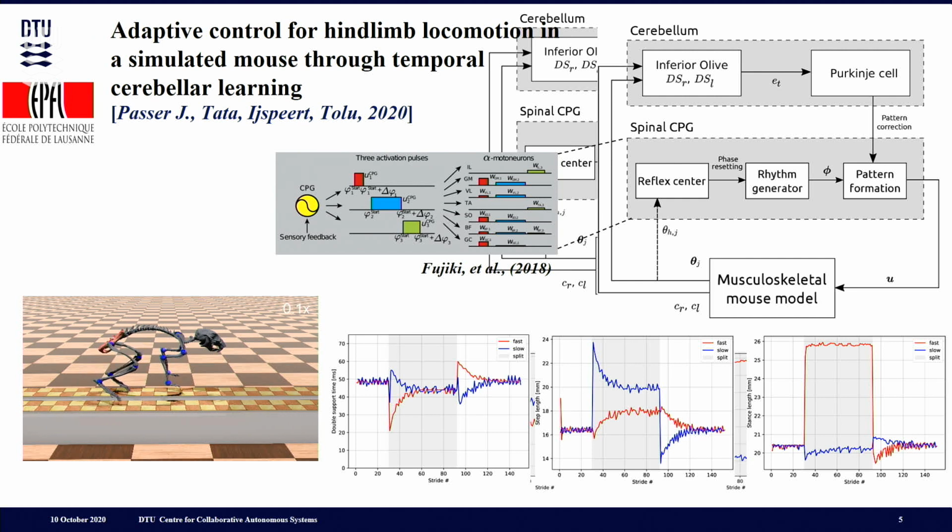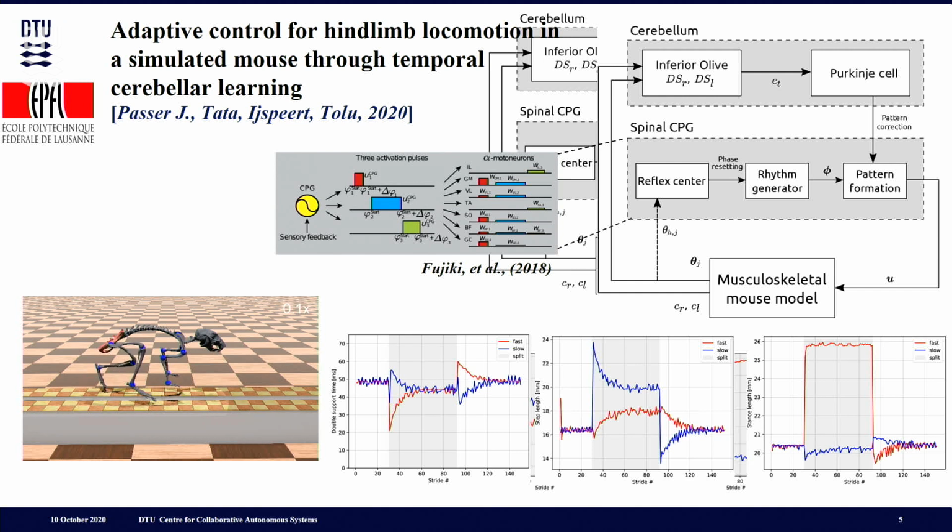We have a split belt, and suddenly the velocity of one belt is modified, and then we want to study the brain, how the adaptation of the body comes about through the locomotion task. We made a hypothesis based on neuroscientific findings that the cerebellum, one part of our brain, could make a spatial adaptation by modifying the step time of the gait parameters.